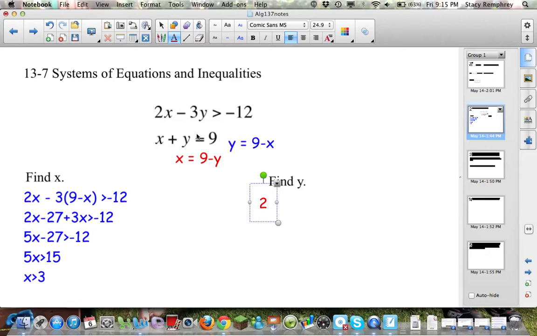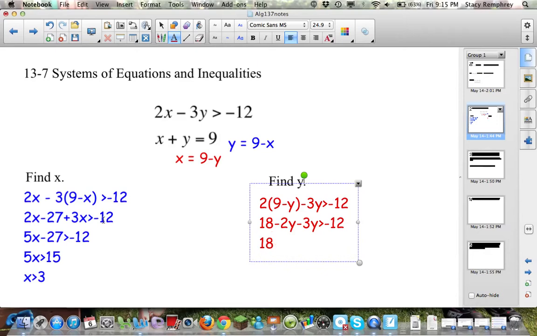So I start with the 2, that's right here. In place of x, I will put 9 minus y. I'm going to solve it. Making sure I flip the inequality because I divided both sides by a negative.